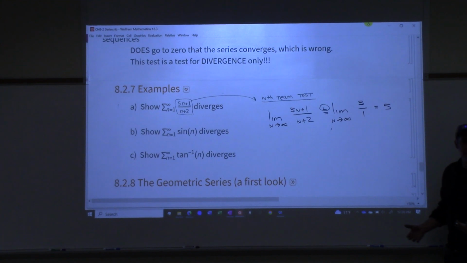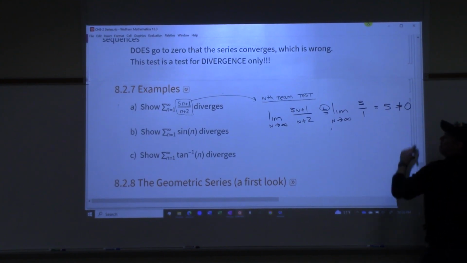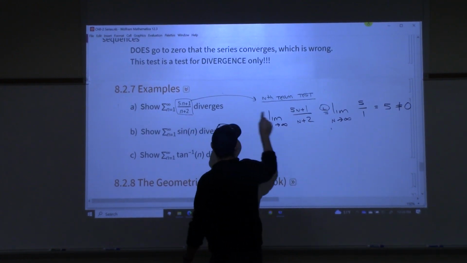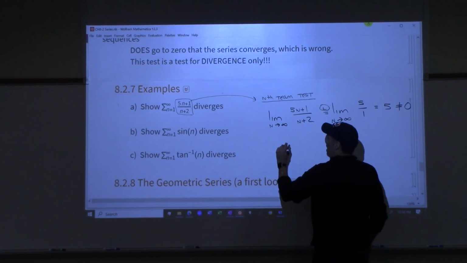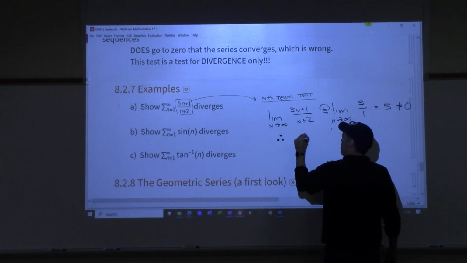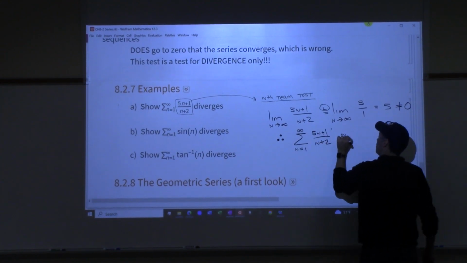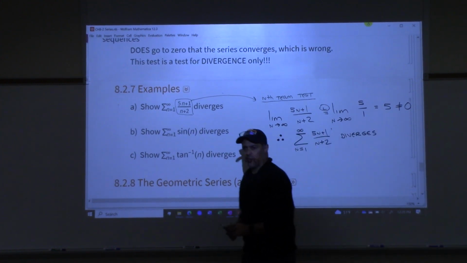What does that tell you? Yeah, so this is not 0. The theorem says if you take the limit of the sequence and you get something other than 0, you can say, therefore (three dots for therefore), this series diverges.